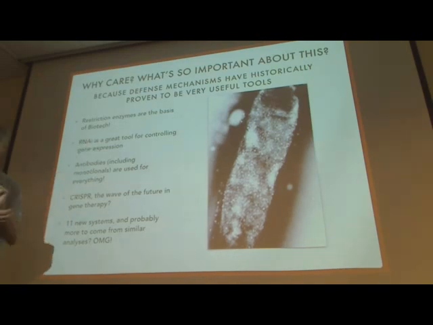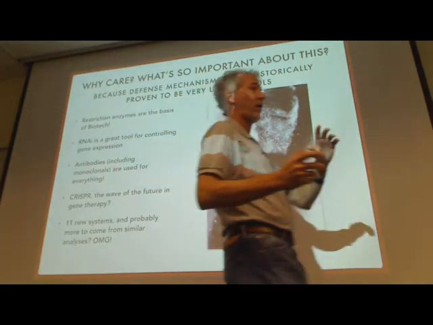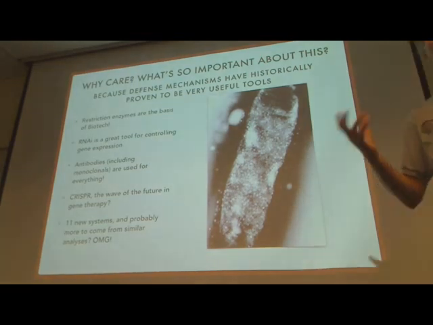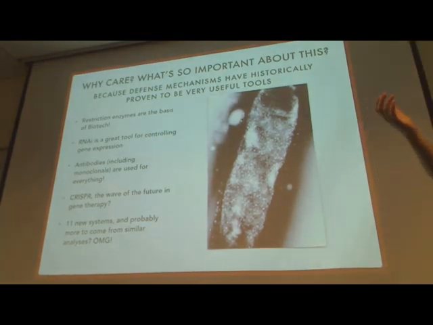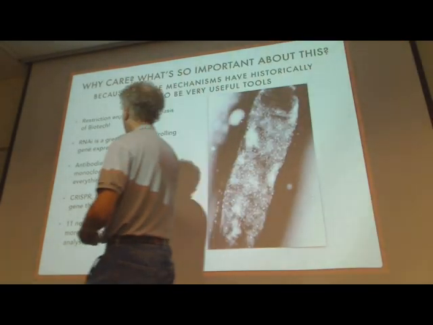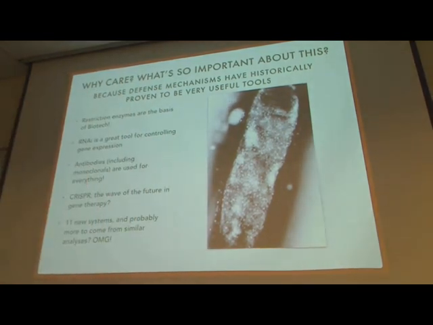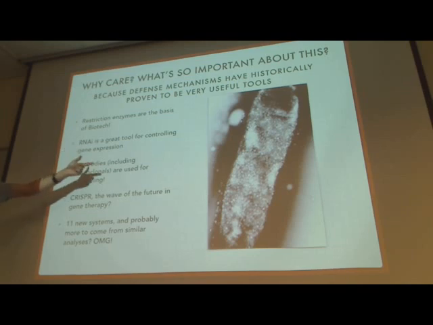RNAi. Take a look at all the clinical trials going on right now for gene therapy. Most of them are RNAi. Antibodies is how multicellular metazoans defend themselves against infection.